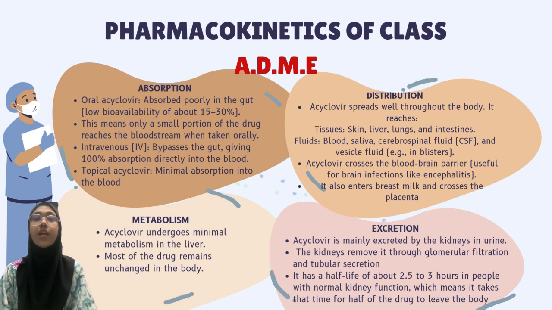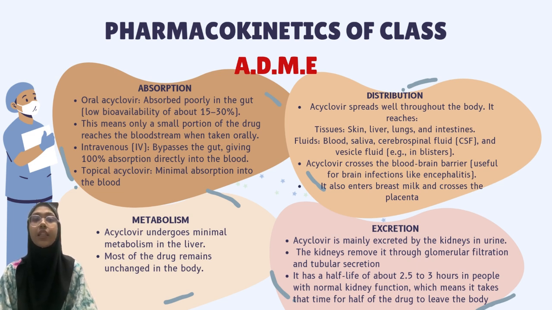Distribution is all about where the drug goes in the body after it enters the bloodstream. This is how acyclovir spreads to the tissues it reaches. Acyclovir travels to many tissues in the body, such as the skin to treat cold sores and genital herpes, and the liver, lungs, and intestine, parts of the body where the virus may spread. Fluids it enters: it dissolves into the blood and spreads to various body fluids.